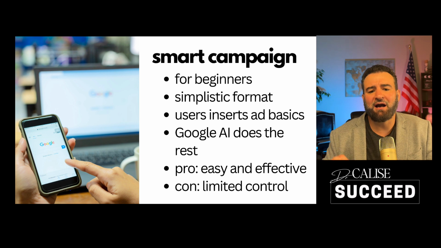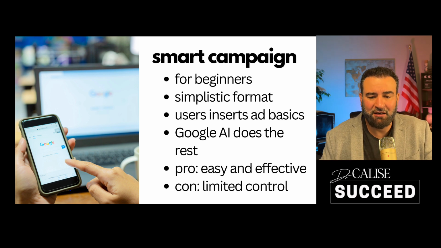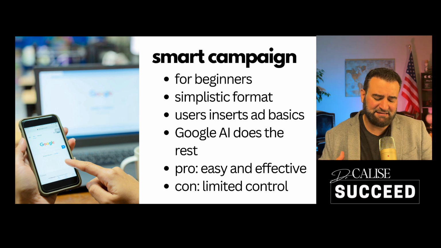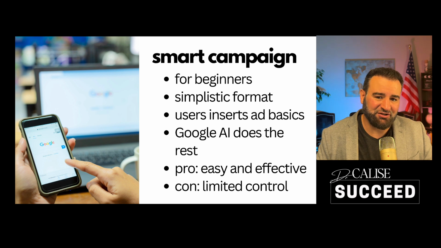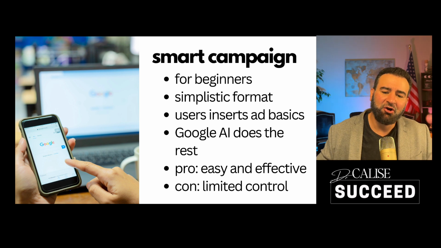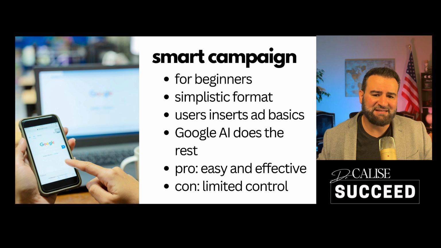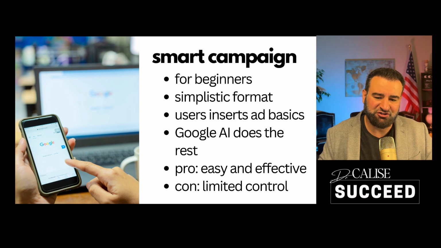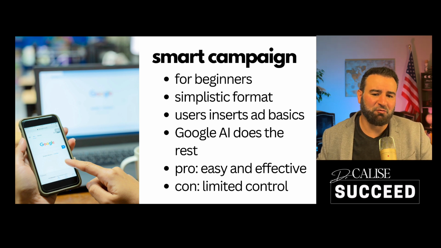There's pros and cons with the smart campaign. The pro is that it's very, very easy and it's very efficient because Google AI is learning about the campaign dynamics as it goes. It's learning about who is clicking on the ads. What type of individual is actually following through with the conversion? How are people interacting with your ads?